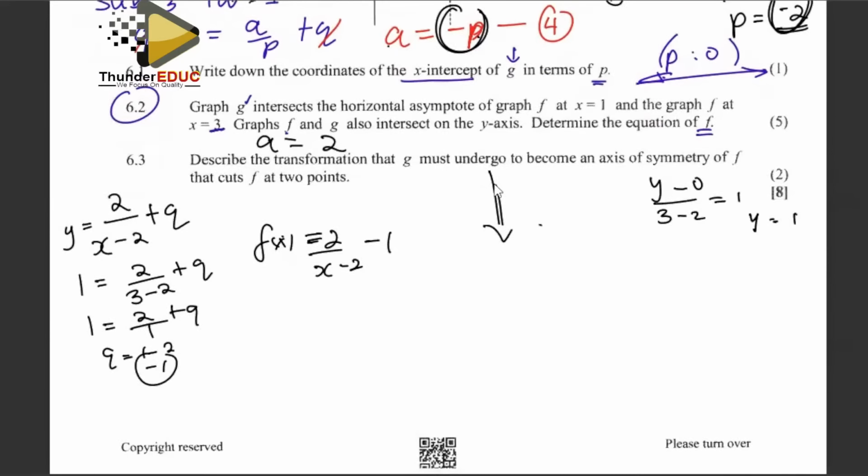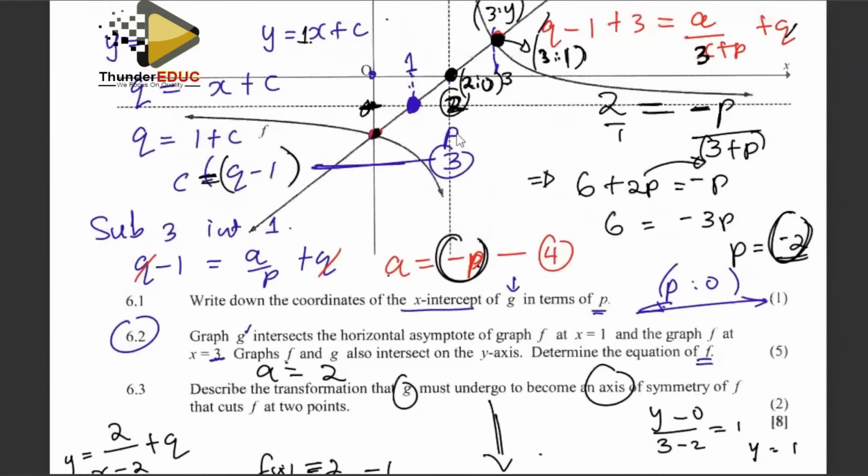Then describe the transformation that g must undergo to become the axis of symmetry. The axis of symmetry must be passing through the points of intersection, through that point there. Remember the equation of this graph is x plus c, meaning that the gradient is already 1, so the only thing that can be done is to drop this from there up to here.